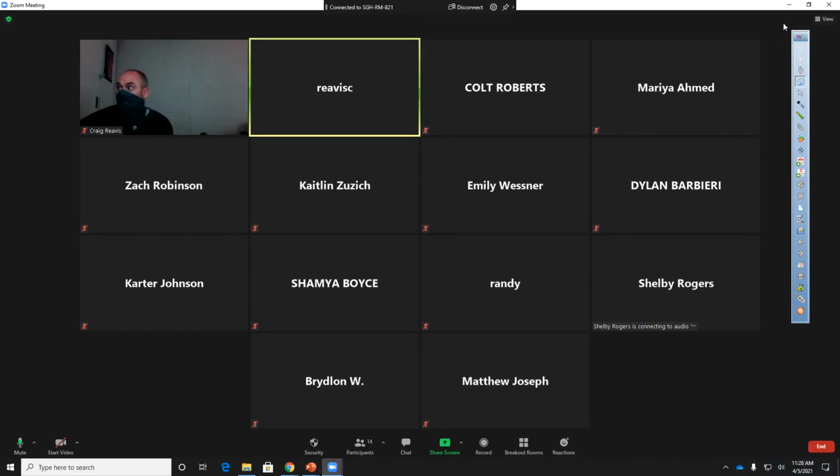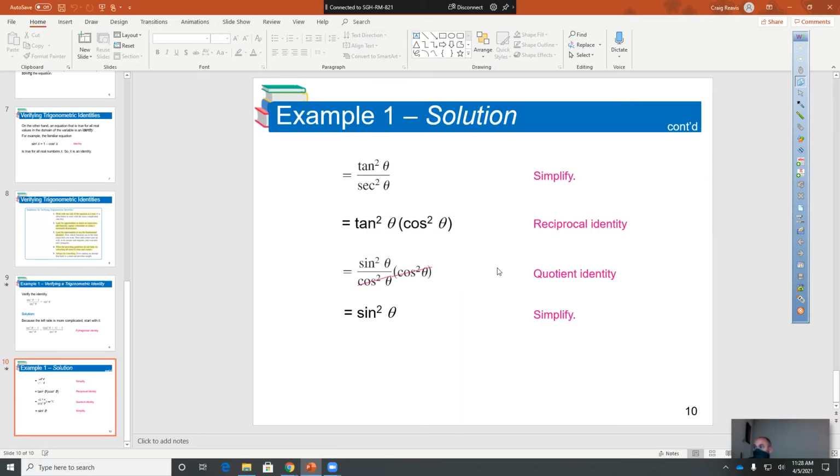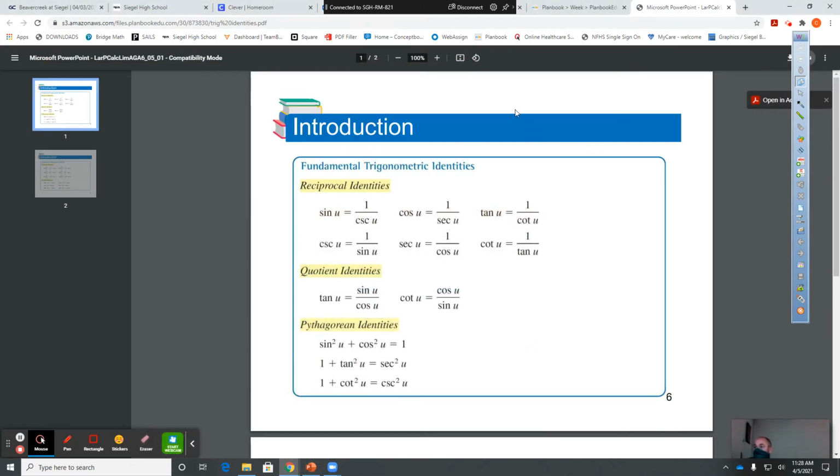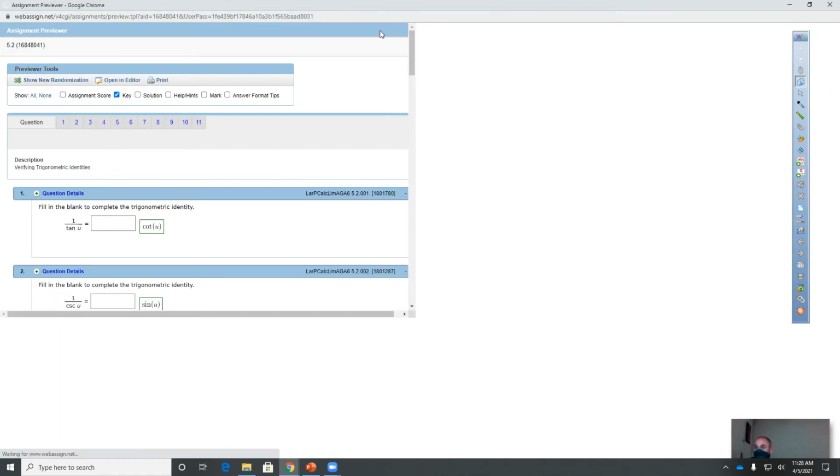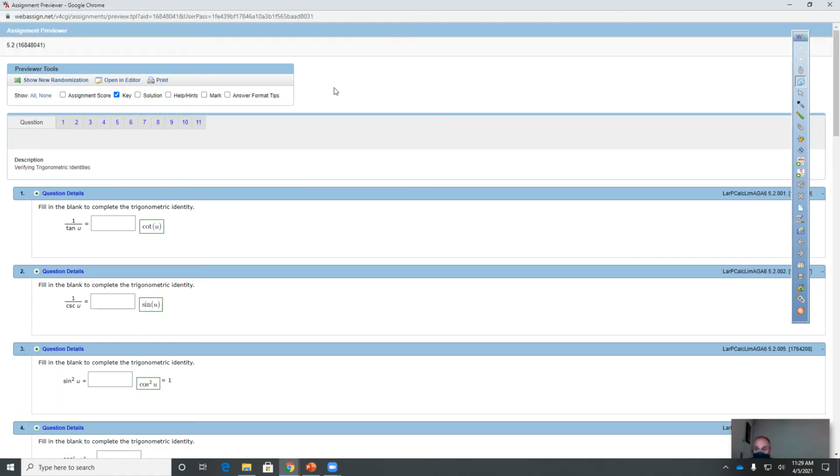So let me pull up, let's see, I need to get out of this. Let's pin that. All right, we are looking at 5.2. So if I view this assignment, here's just some problems off the assignment. The first, this one right here, 1 over tangent of u, basically that's just looking it up.